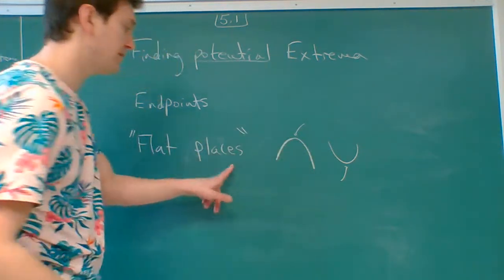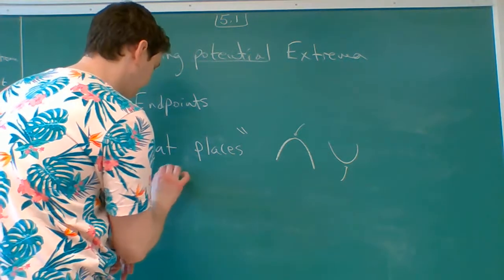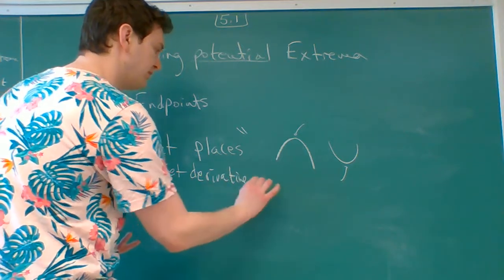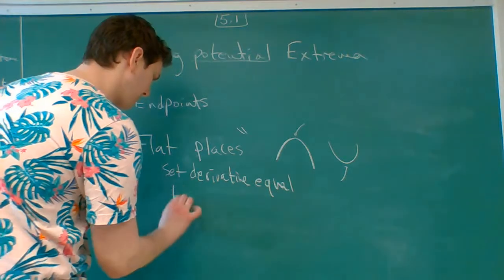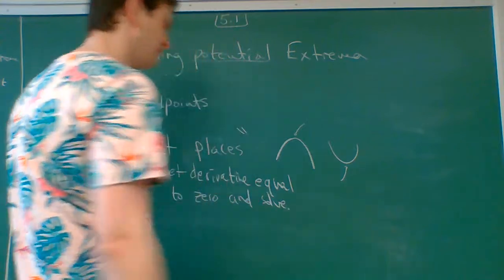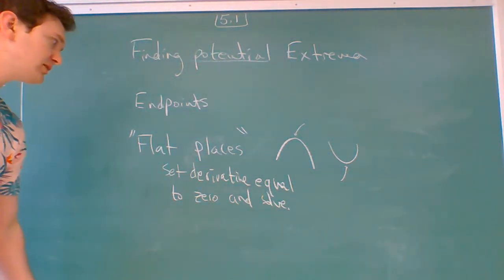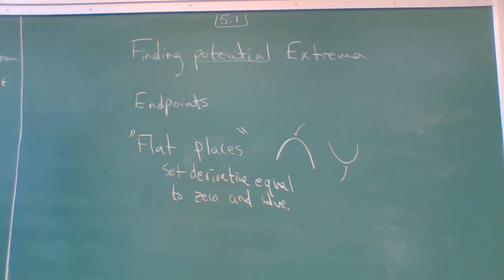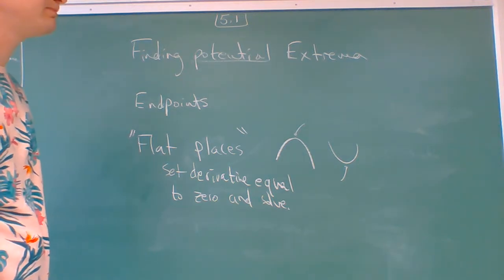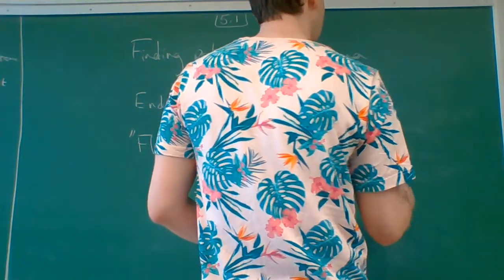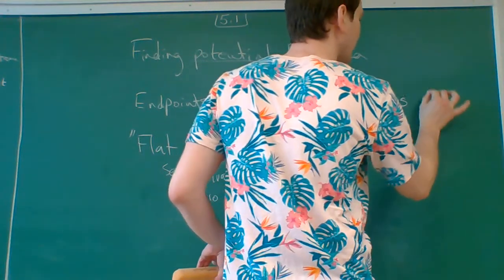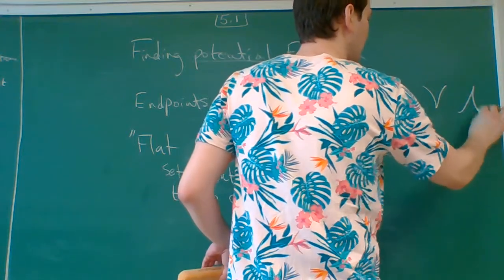So the way we're going to find these flat places is we're going to take a derivative of whatever the function is, set the derivative equal to 0, and solve for x or t or whatever the input variable is. The last way, which is one that we haven't seen a lot of, God, I'm already out of room, is at cusps, points like this or this, these points.